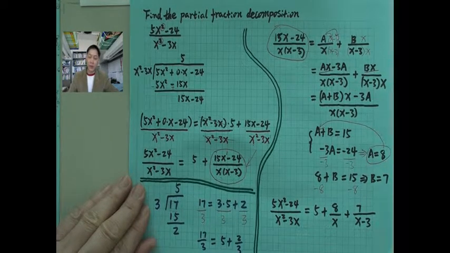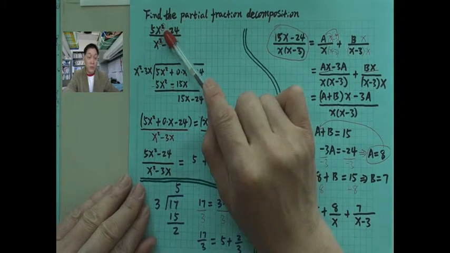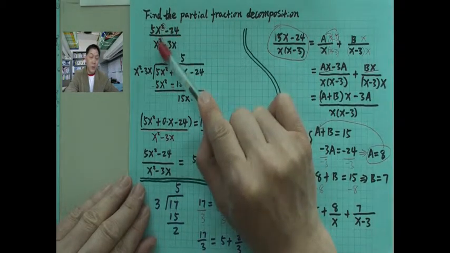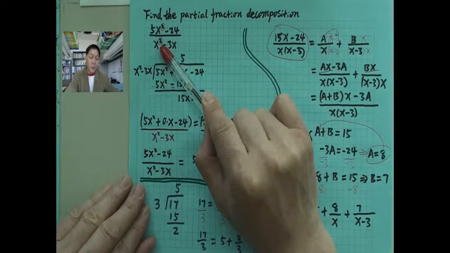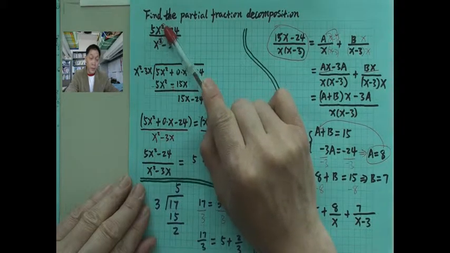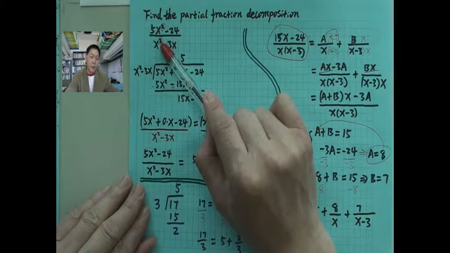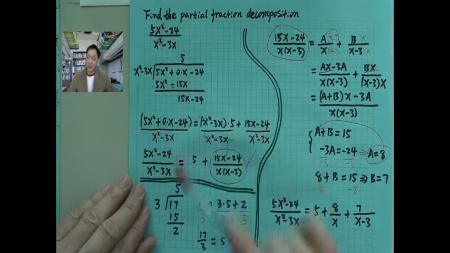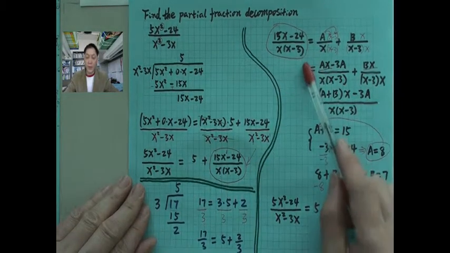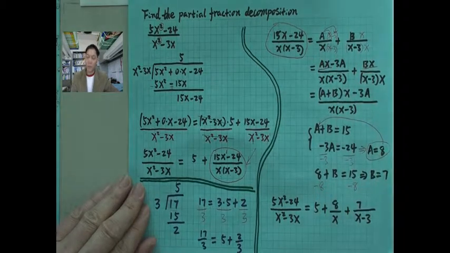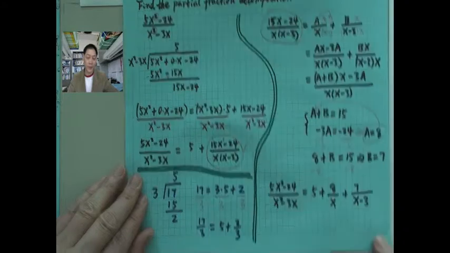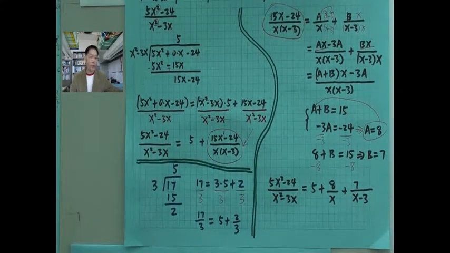So this applies when the degree of the numerator is equal to the degree of the denominator, or if the degree of the numerator is higher than the degree of the denominator, you have to use the division first, and then try the regular method. You get the partial fraction decomposition. Okay, I'll see you next time.